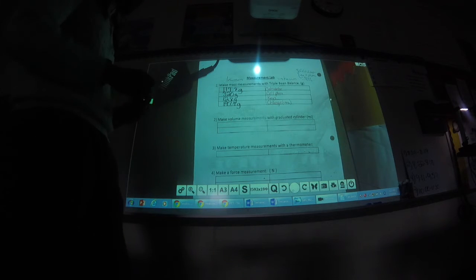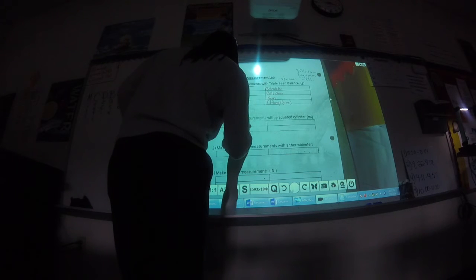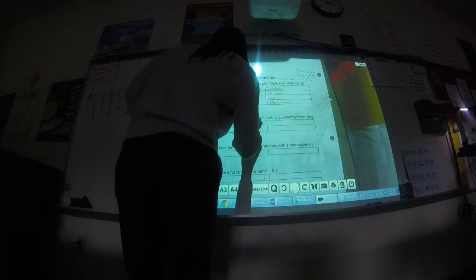All right, so now number 2 said make the volume measurements with the graduated cylinder. So our graduated cylinder had how much liquid volume? Yes, sir. All right, good job. It had 74 milliliters. Good job.